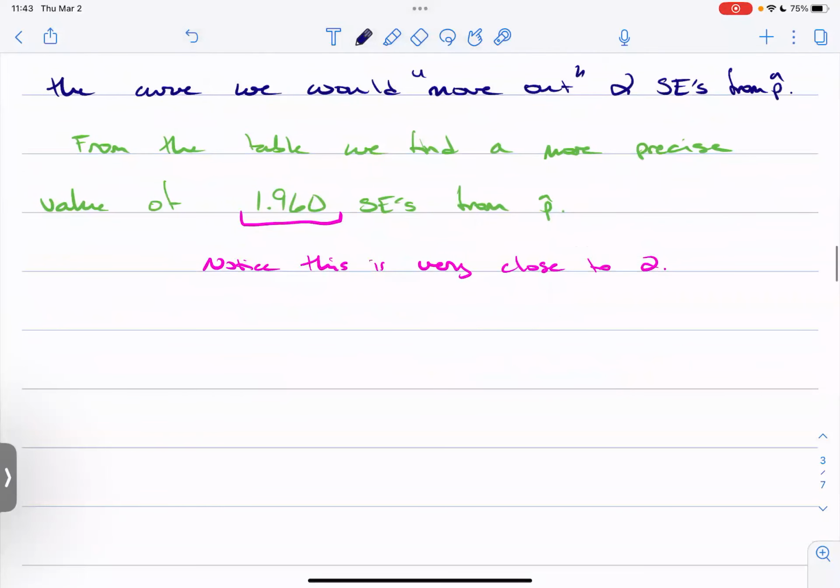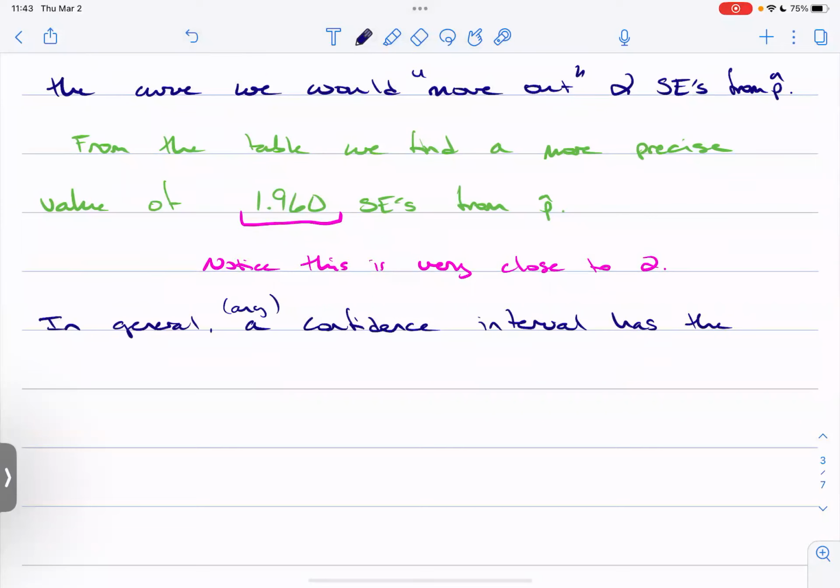So where we landed is that, in general, a confidence interval, and I'll say even any confidence interval, has the following setup.